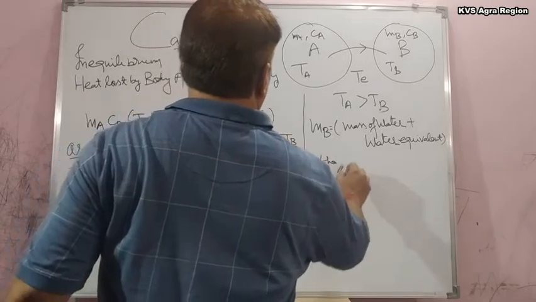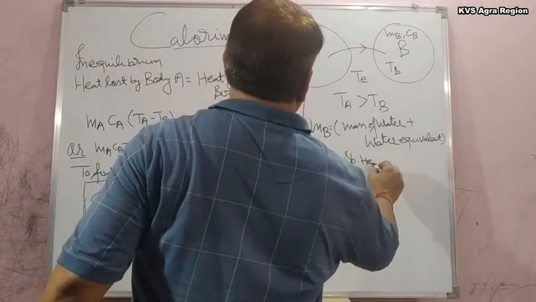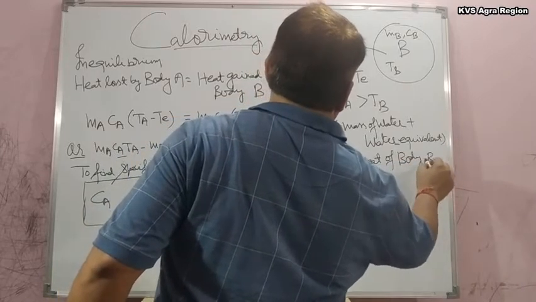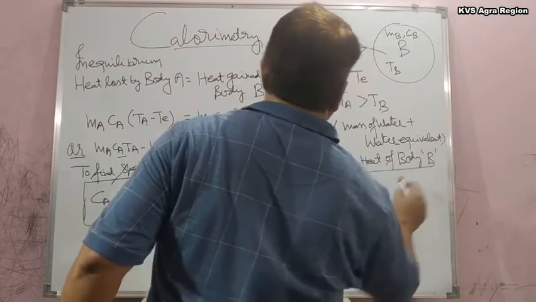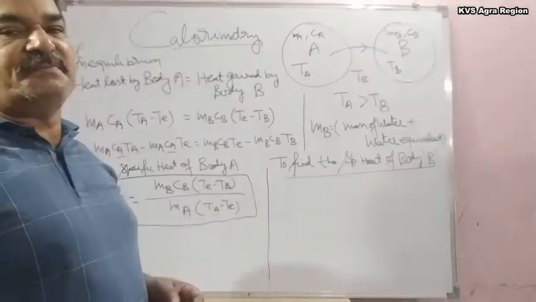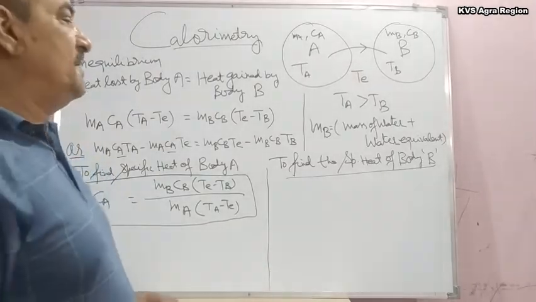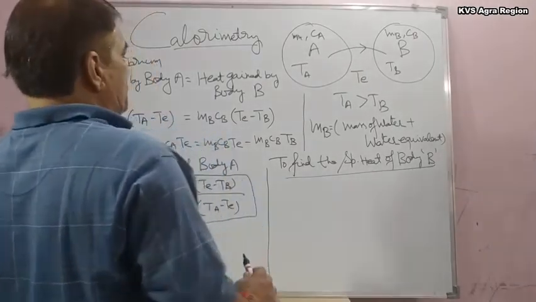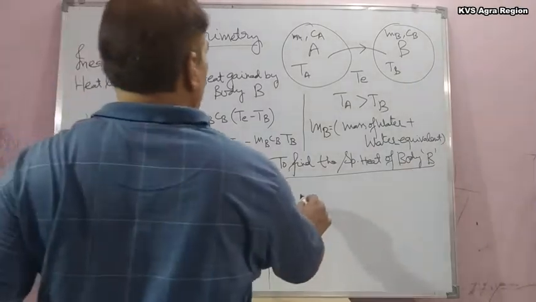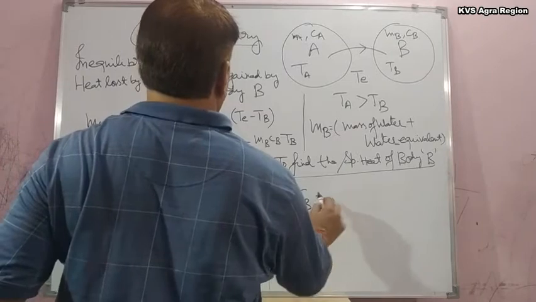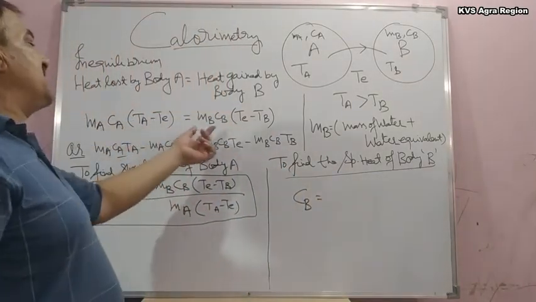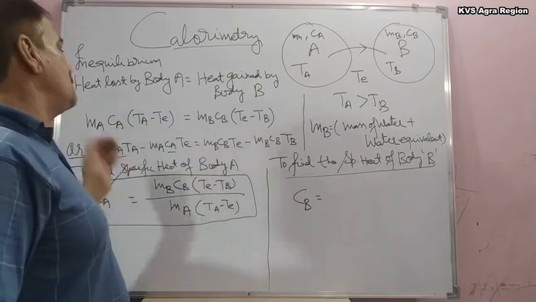To find the specific heat of body B, and this body B will be a liquid, one of the two has to be a liquid, again using the same equation, we will have this CB on one side, and transfer MB and TE minus TB to the other side.